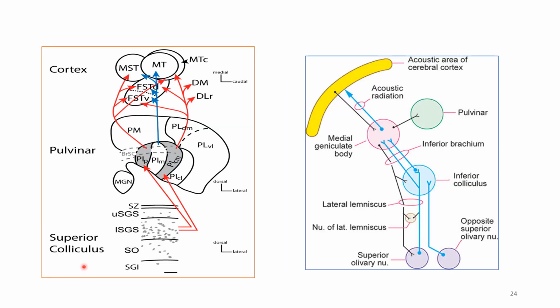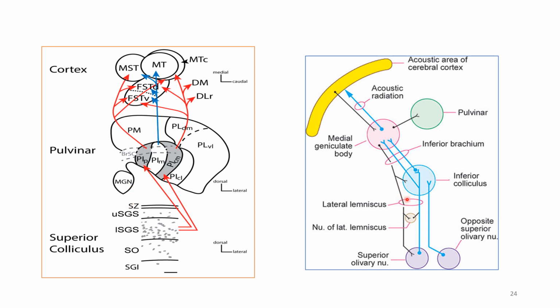So here you can see the same diagram, and this is the pulvinar nucleus which is receiving its connections from the medial geniculate body. This is the pulvinar nucleus. This is the superior colliculus. This is the medial geniculate body.